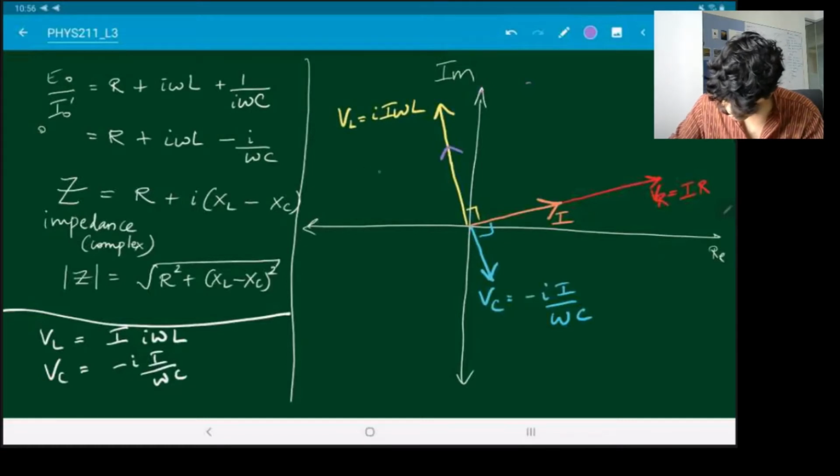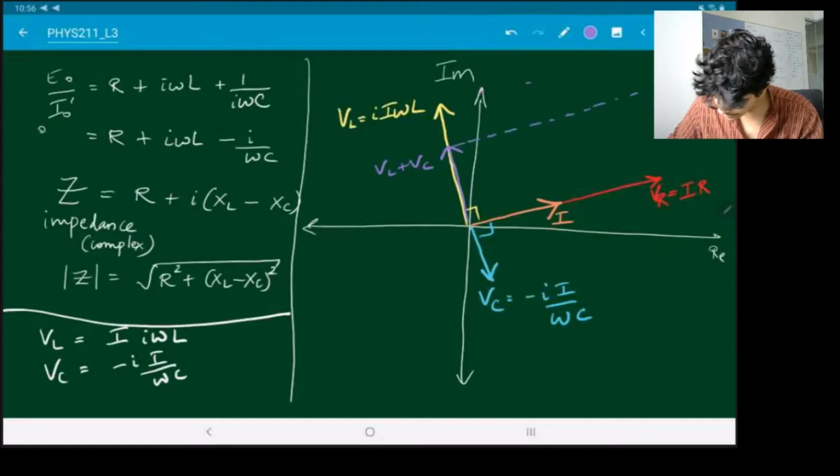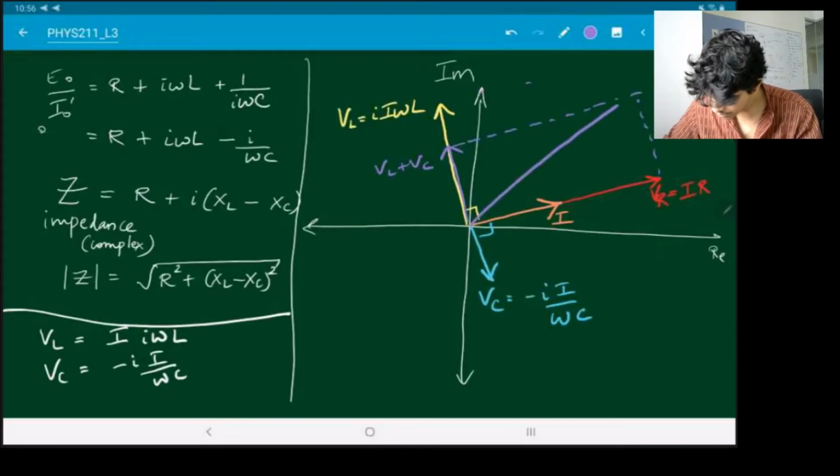So this is VL plus VC, and now the total is VL plus VC over here and VR over here. So this is E, which is VL plus VR plus VC.